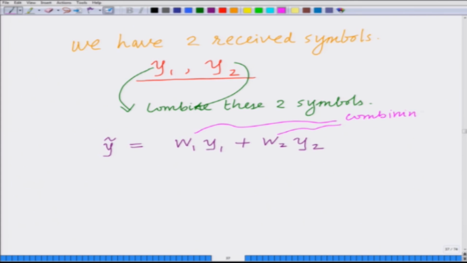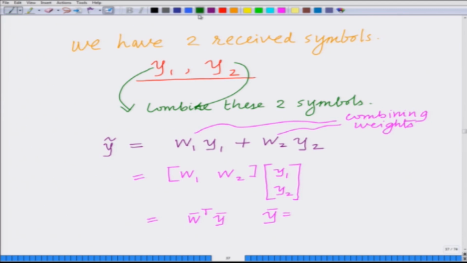I am performing a weighted combination, which can also be expressed as the row vector W1 W2 times the column vector y1 y2, which is nothing but W bar transpose times y bar, where y bar, as we have already seen, is the vector y1 comma y2, and W bar is the column vector W1 comma W2.